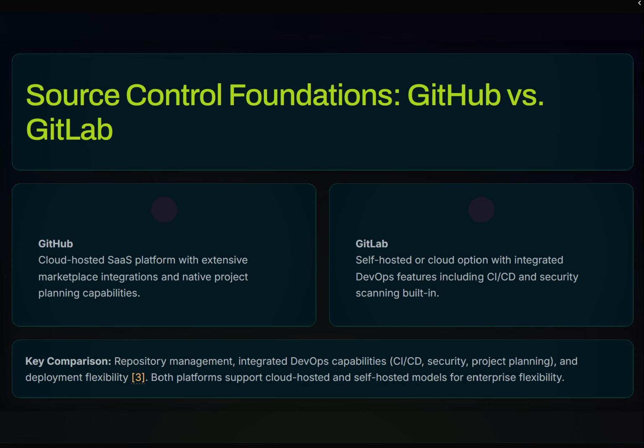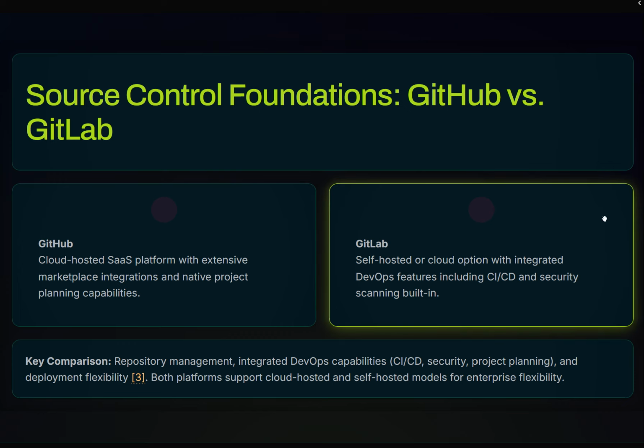All right, so we have a quick comparison of GitHub versus GitLab, right? GitHub is a cloud-based software as a service platform with extensive marketplace integration and native project planning capabilities. It's a cloud-based one; you can create an account. GitLab is a self-hosted or cloud option with integrated DevOps features, including CI/CD pipeline and security scanning built in.